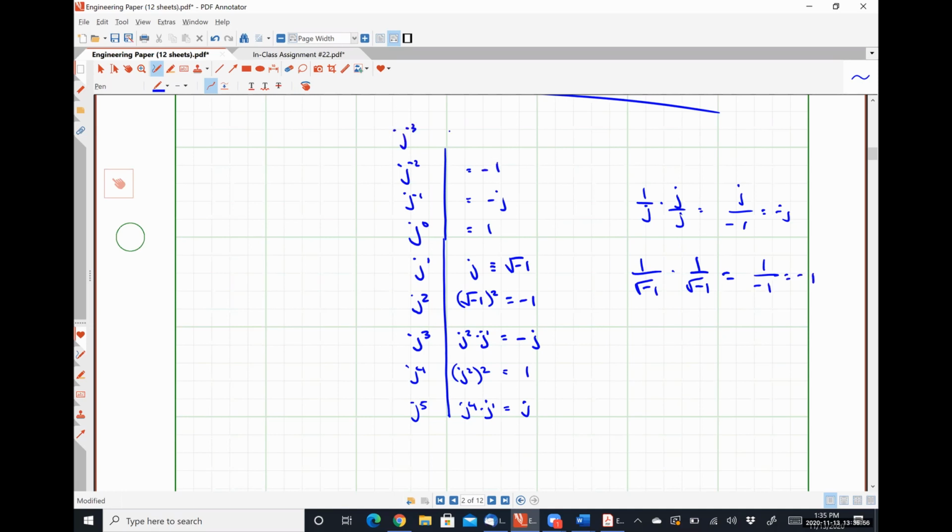J to the -3 is J to the -2 times J to the -1. So that's -1 times -J, which is +J, and it cycles as well.